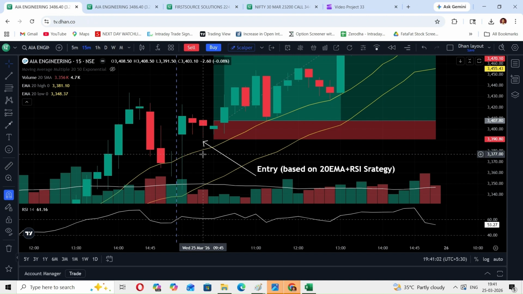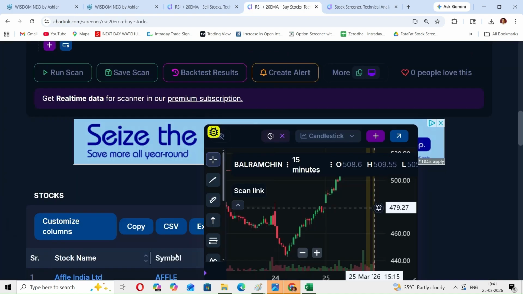So 3381 plus 0.5% will be around 3397 or 3398, right? If you see here, this particular candle's low is 3391. So that is perfectly matching this criteria, and it will be reflected in this particular list. Okay.